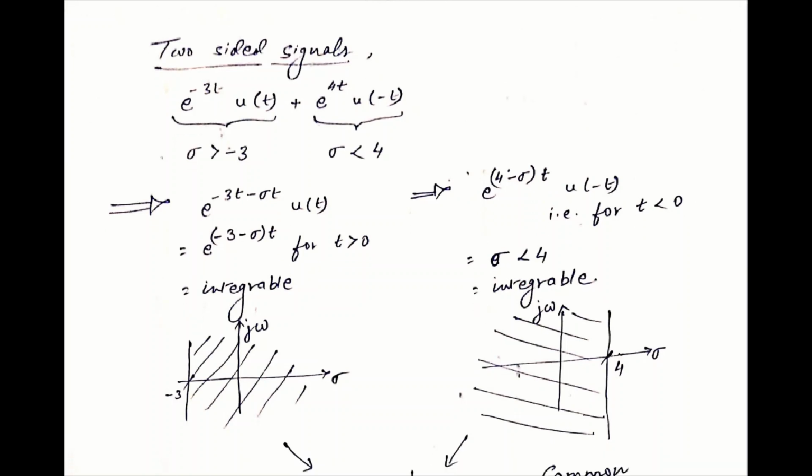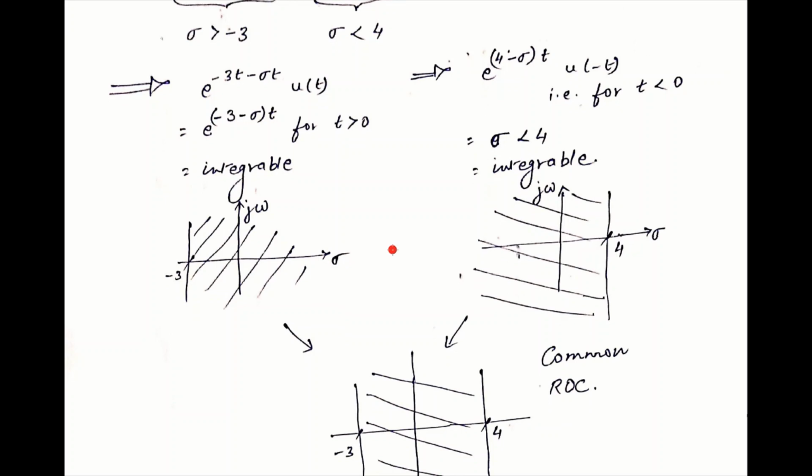All right. So if I want to draw the region of convergence for this signal, it is towards the right of minus 3. This is the function, and towards the right of the function the region of convergence is this. And for this function, this is the boundary value of sigma, 4, and it is towards the left of this value.